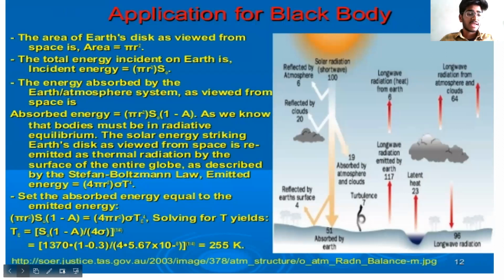The solar energy striking its disk viewed from space is emitted as thermal radiation by the surface of the entire globe, as described by the Stefan-Boltzmann law. Emitted energy equal to 4 pi r square sigma T to the power of 4. As the absorbed energy equals the emitted energy, pi r square S naught times 1 minus A equals 4 pi r square sigma T to the power of 4. Solving for T yields the result.